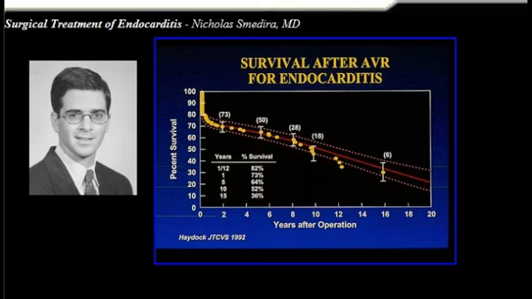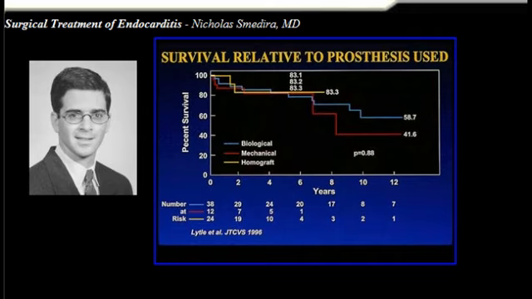It's not zero, but it's lower than the mechanical or bioprosthesis. How about survival? Again, Haydak's work, again, mostly with a homograft, and this is their survival. Just note that at 5 years, it's about 64%. Now, in Lytle's hands, prosthetic valve endocarditis only, what about survival relative to prosthesis? Because you'd figure if using the homograft reduces the amount of endocarditis, then you'll probably have a survival advantage.